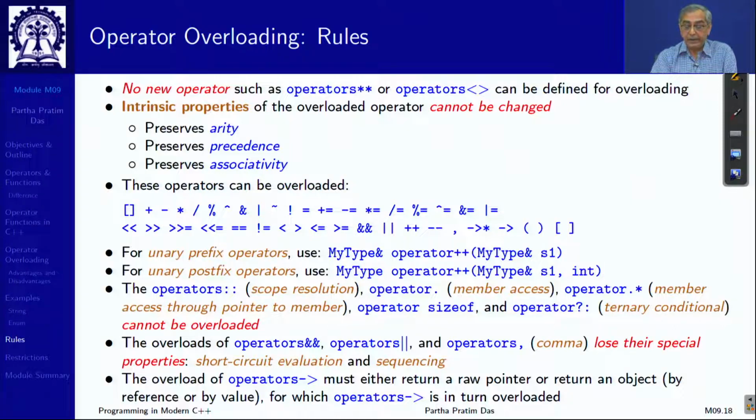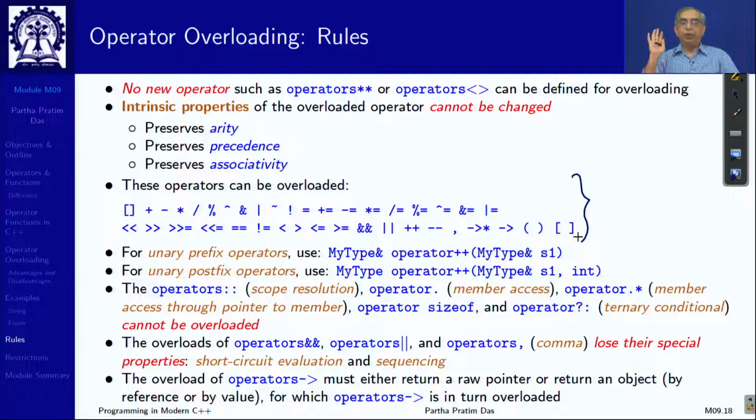Now, these are the operators that can be overloaded, and they are given in the order of their precedence. You will not be able to remember that, so look it up or use parentheses when you have confusion.